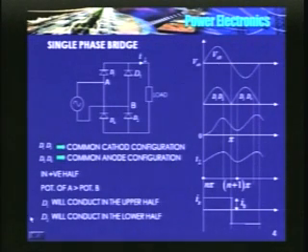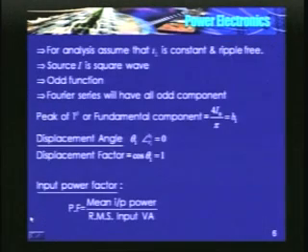So what are the various parameters that have to be defined now? It is an odd function. So if I write the Fourier series, we will have all odd components. What is the peak of the fundamental?